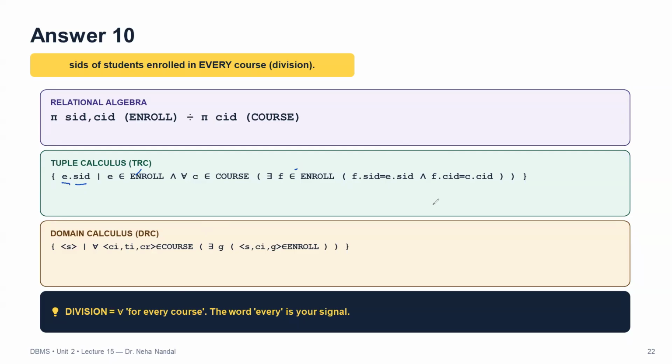That is the thing. Okay, and here for all these columns, they belong to course. There exists a G where G belongs to another enroll. Okay. So that is the thing. The single word every will utilize division, and then in calculus you have to use for all for that. That will solve the question.